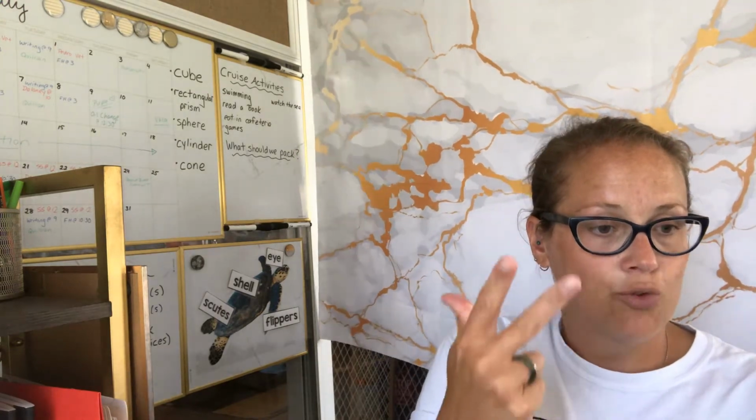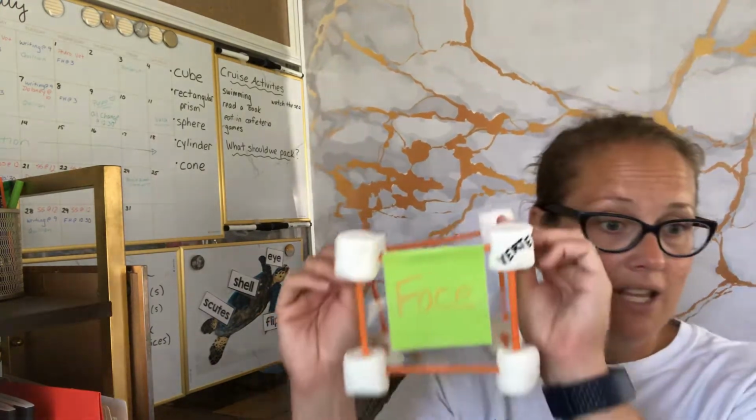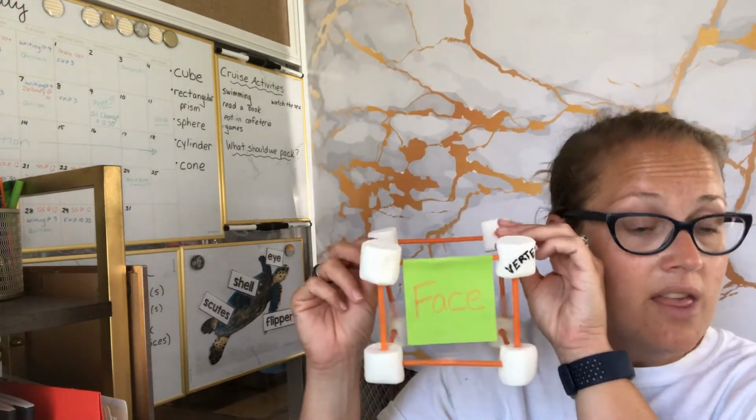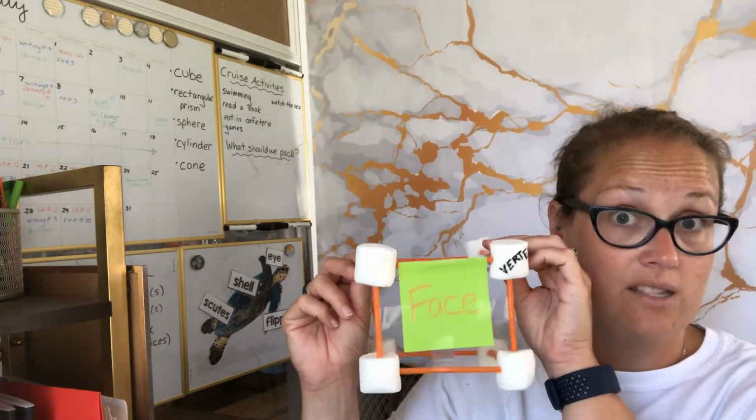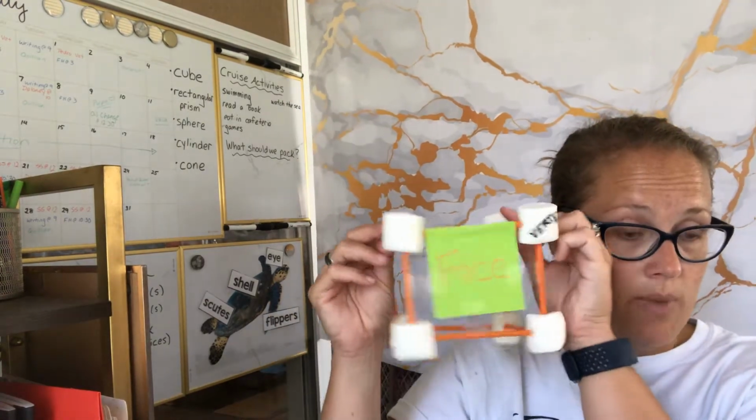Not 4. You have the front and back, the right and left, and a top and bottom. That's 6 sides. So any 3D cube or rectangular prism, these always have 6 faces. Alright, so we have 6 faces on my cube.